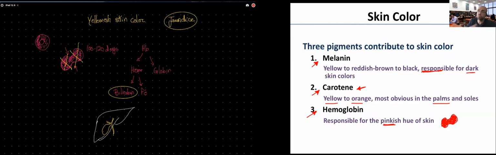I have over destruction of the red blood cells. So I'm producing huge amounts of bilirubin that exceeds the ability of the liver to pick up and conjugate. At this time, the bilirubin is going to rise in the blood, and it's going to be manifested as this yellowish discoloration of the skin.